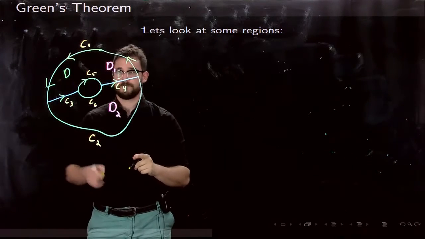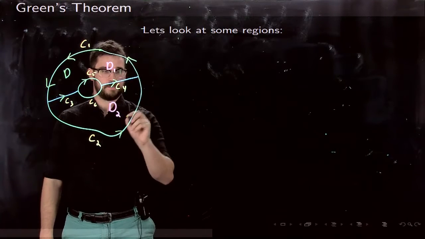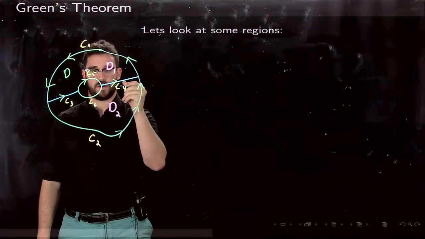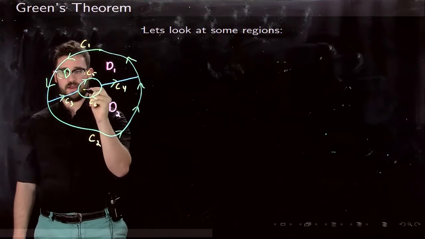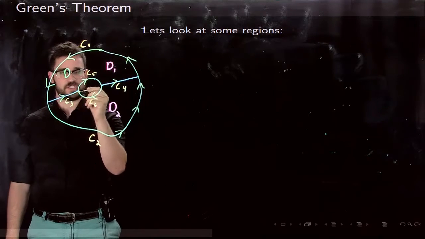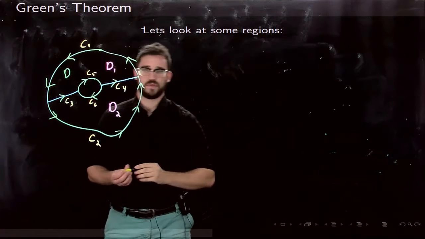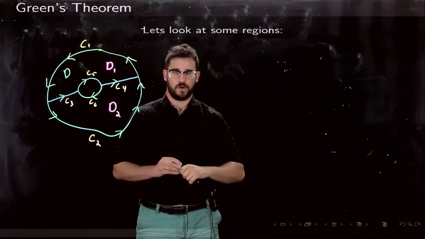All right? Now similarly, for D2, we'd go here, here, here, and now we're going the negative of C4. And we go down this way, and then cross like this, which is the negative, and then back down like that. Lots of arrows. So let's actually do our integral.